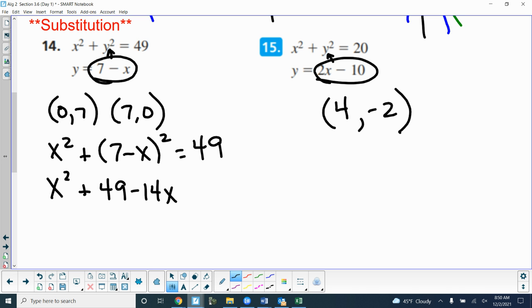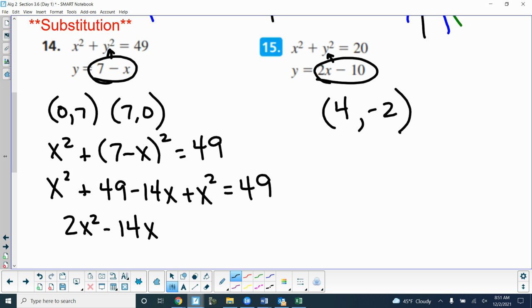And then negative x times negative x is still positive x squared. Get this quadratic equation equal to 0 so that we can try to solve it. So I got 2x squared, combining like terms, minus 14x.